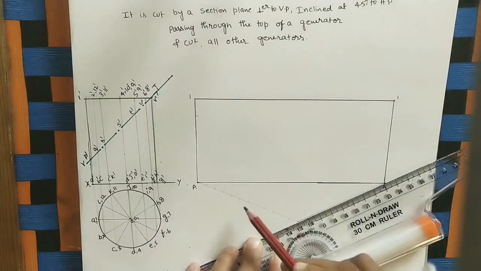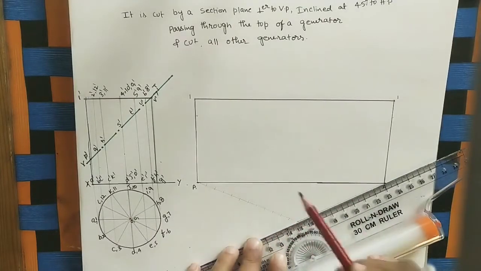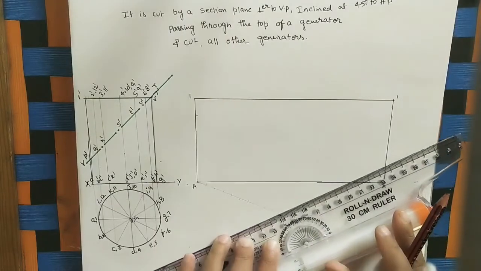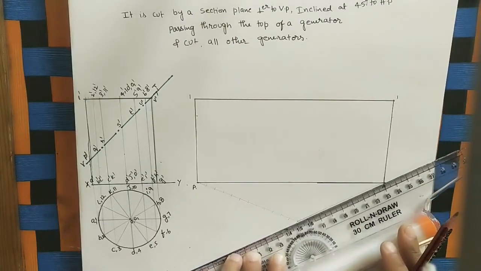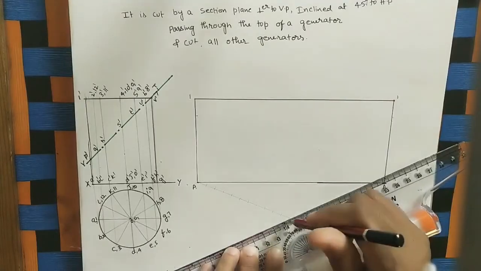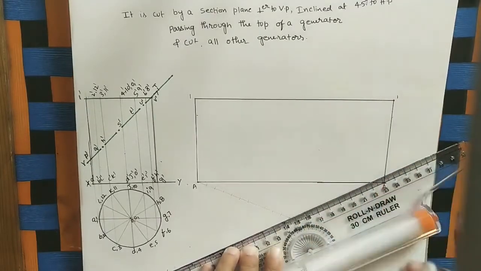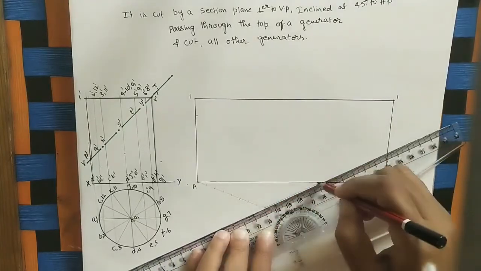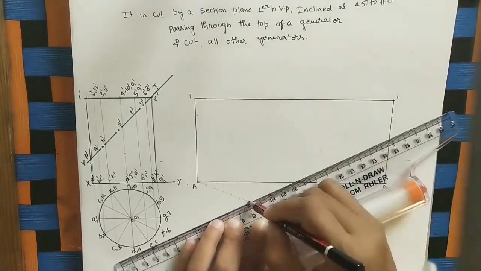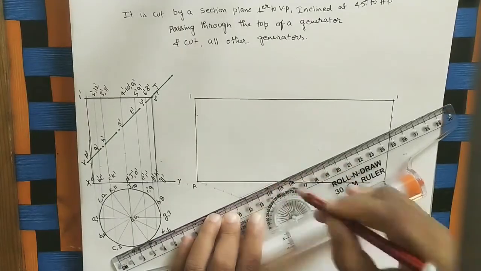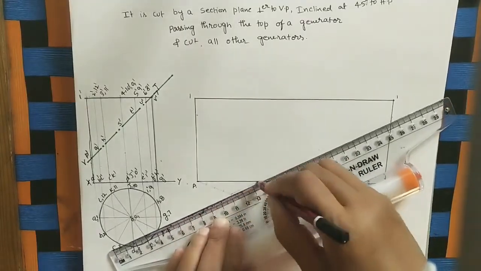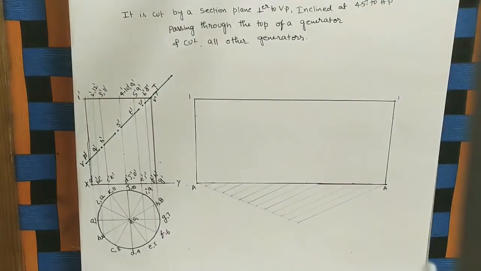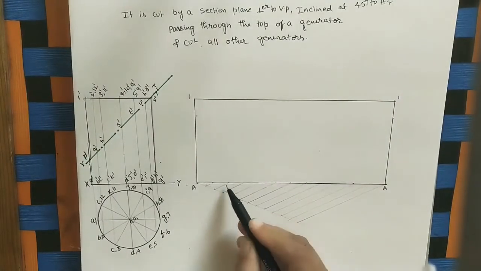So similarly at all these points draw the lines parallel to this last line, okay. Fix the drafter scale here and move the scale at all the points for getting the parallel line. Here I am using ruler scale, so do the parallel lines. Okay, here take the intersection points.